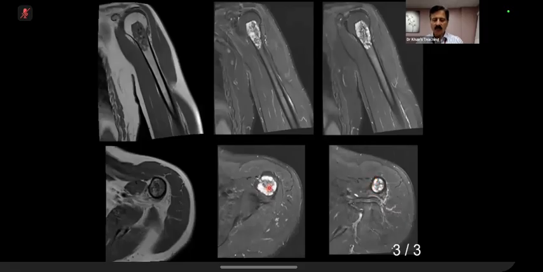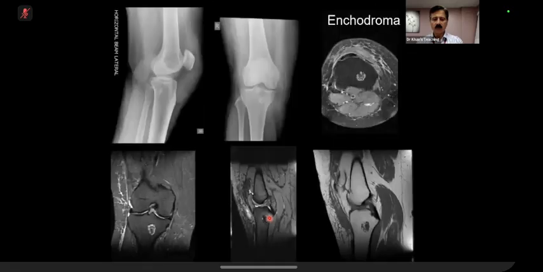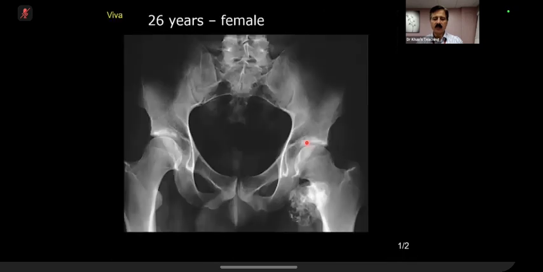Where there is low signal within that, that is calcification. So this is normal chondroid matrix. Incidentally, you will pick it up very often in your day-to-day reporting, where in an MR you can see it here, and calcification you can see here.